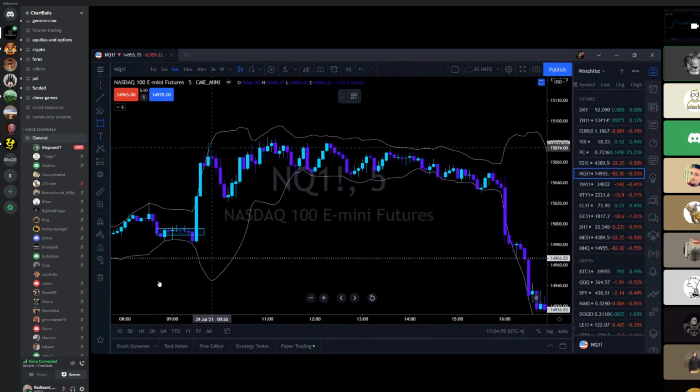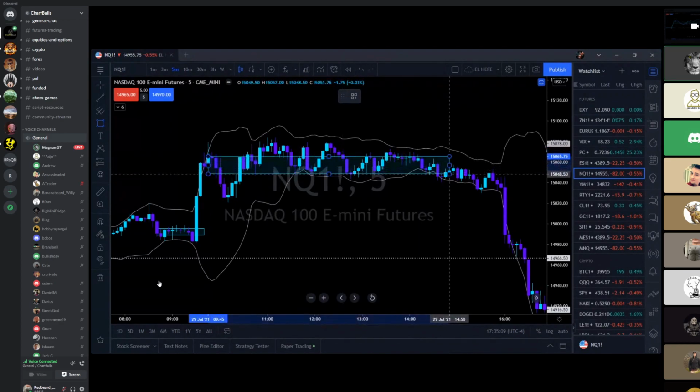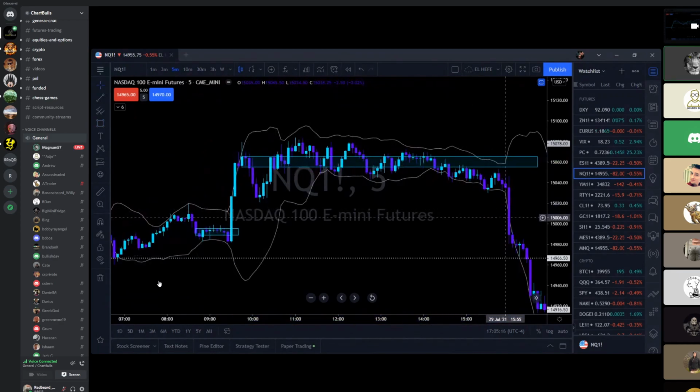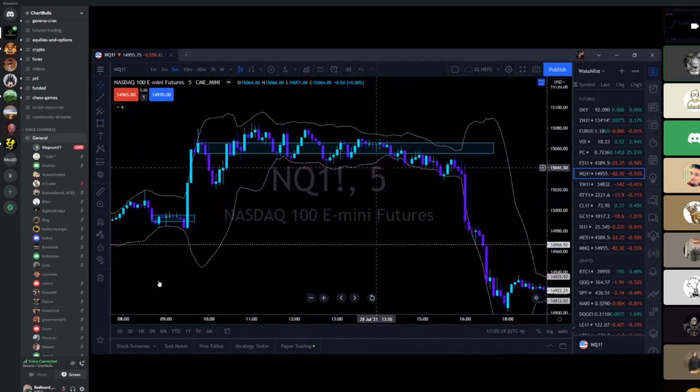We rode the band up, pulled back, made a higher high, but lower high in relative terms. You find the last one to make the high, and you put a box on it. And same deal, you find your rejection candle. Once it actually breaks down off of it and backs back into it, you could have taken a short off that box.